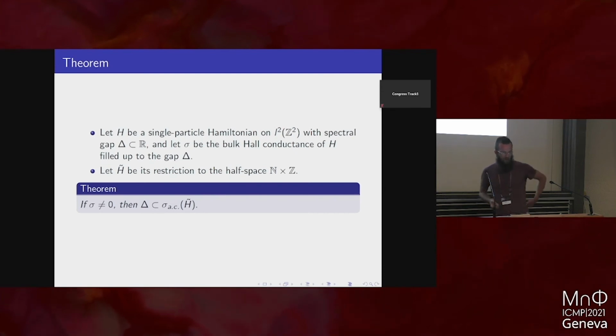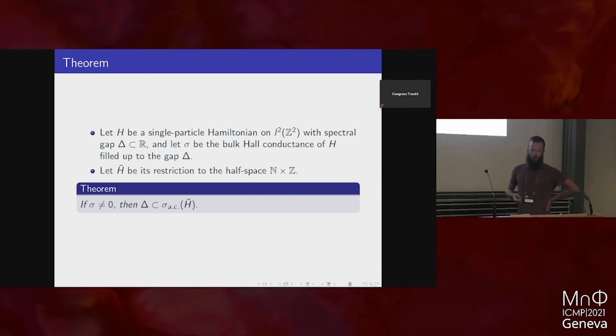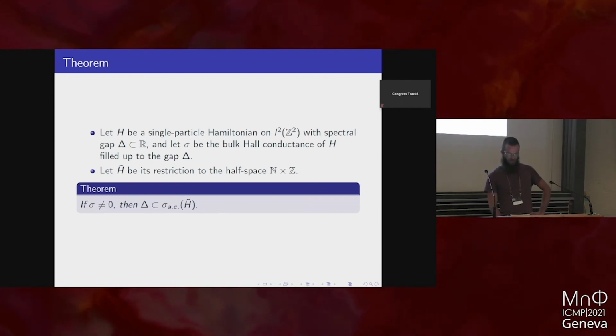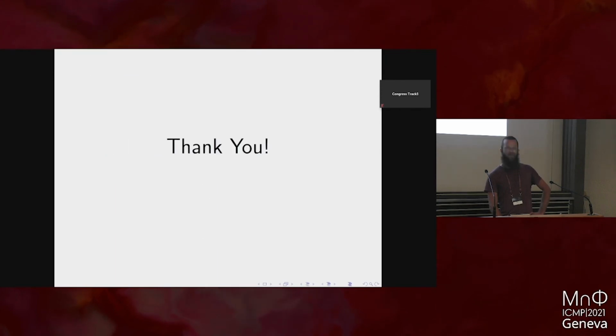And then the theorem is that if this bulk system has a non-zero Hall conductance, then the insulating gap, where the Fermi energy lies, if you restrict the bulk system to a half plane, will be completely filled by absolutely continuous spectrum corresponding to these edge states that are responsible for carrying away all the charges dumped on the edge by the bulk phenomena. Since I only have 2 minutes left, I think I will gladly skip the proof, and thank you for your attention.